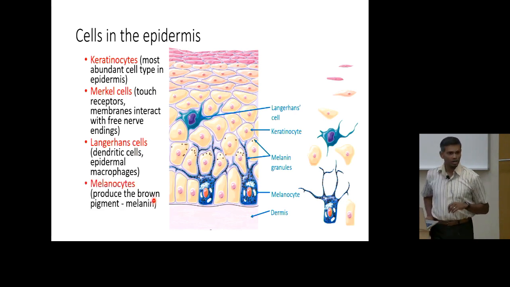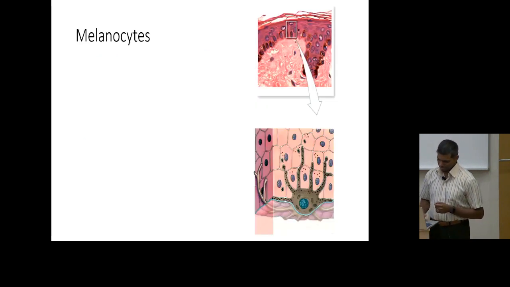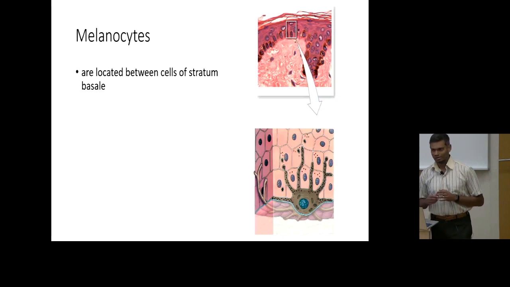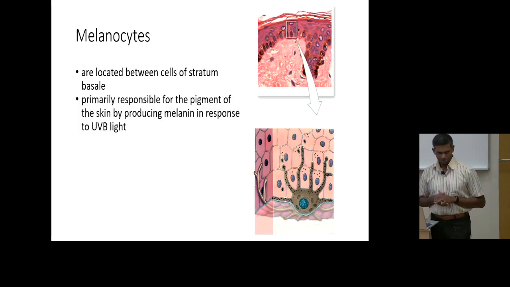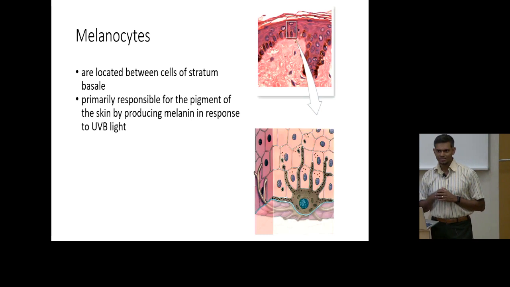But what I do want to talk about are melanocytes. These are the cells which are located in the stratum basale, and they produce melanin. That's the pigment which is responsible for our specific skin tones. These pigments are produced by the melanocytes in response to exposure to UVB radiation from the sunlight mostly.